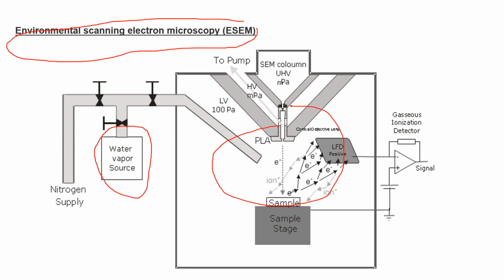The result is that the electron beam is not as tightly focused as in a traditional low pressure SEM. Thus, the resolution of images is not as good.